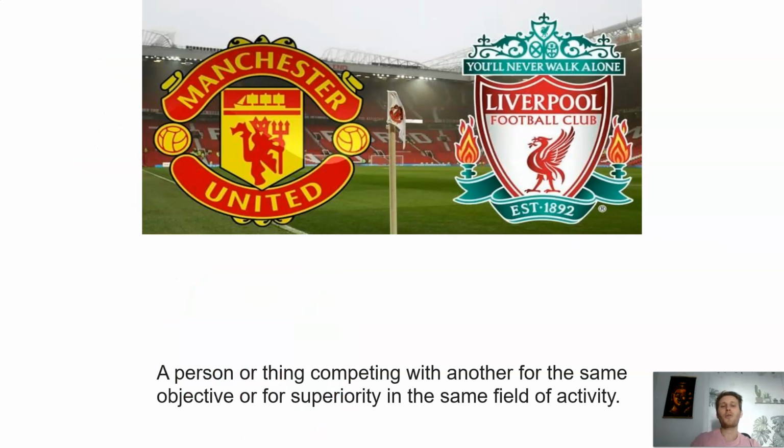A person or thing competing with another for the same objective or for superiority in the same field of activity. So we'll use football as an example. Here we have Man United and here we have Liverpool. They are competing for the same objective, the same thing.